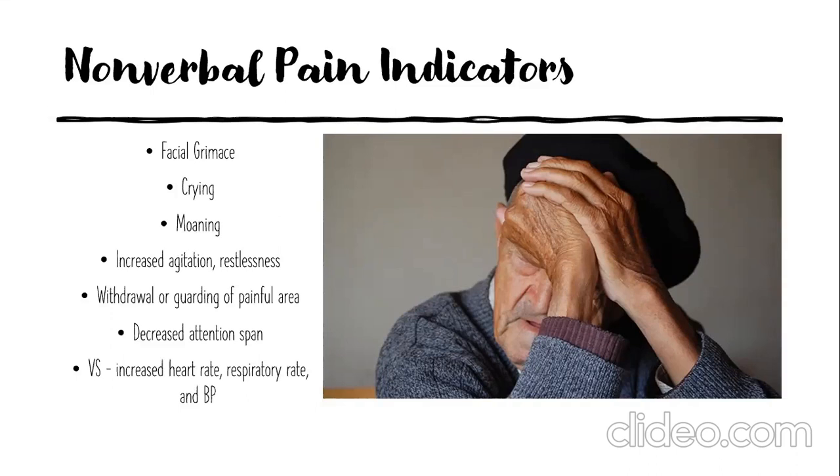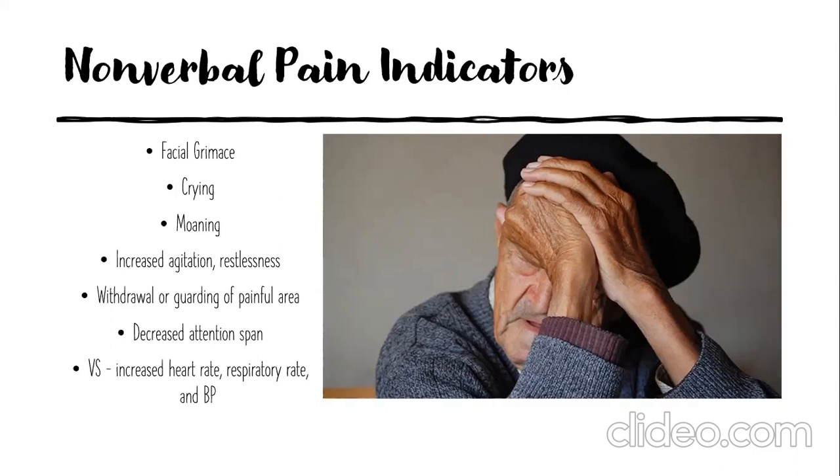Restlessness, agitation. Again, patients flipping and flopping in the bed, you can't get them to relax. It could be a sign of pain if they're not able to verbalize what they're going through. Withdrawal or guarding. Sometimes kids injure themselves at recess at school and you don't know, and then they get home and maybe you go to touch their right arm and they snatch it back.